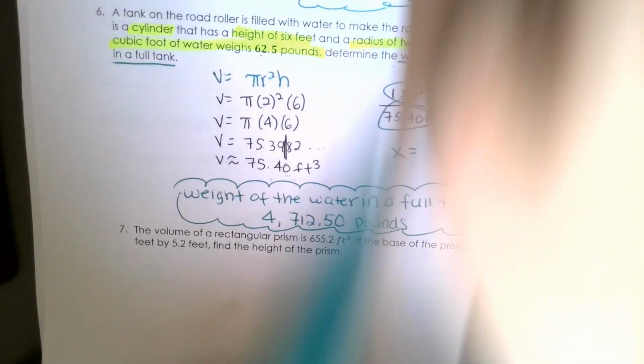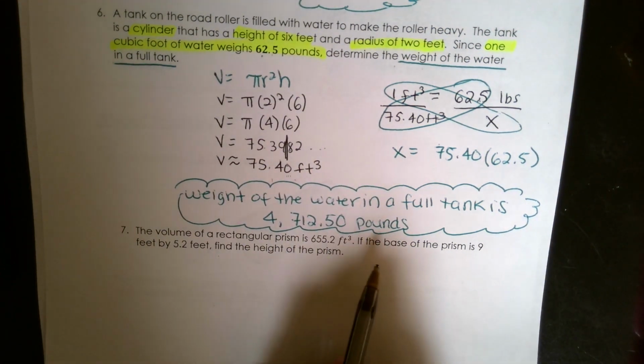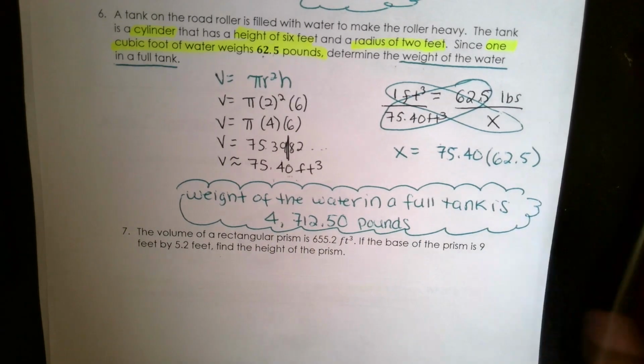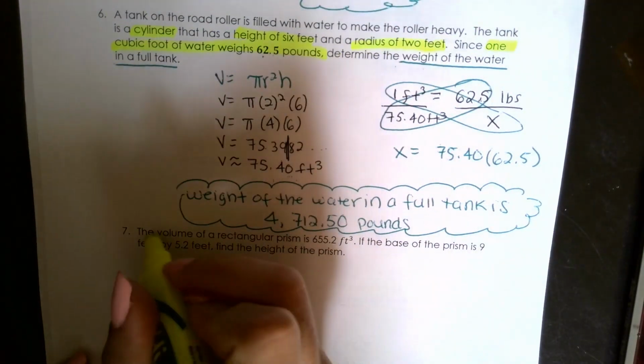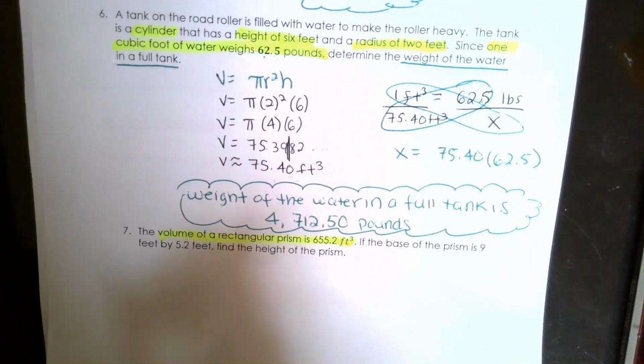And last but not least, the volume of a rectangular prism is 655.2 feet cubed. If the base of the prism is 9 feet by 5.2 feet, find the height of the prism. So, volume, rectangular prism, that's how much it is.